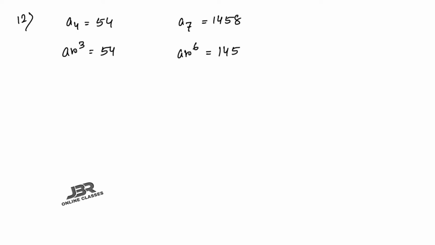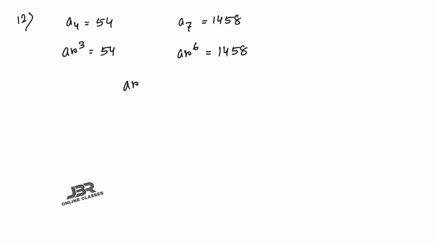Okay, next number 12. In sum number 12, find the geometric series whose fourth term a4 equals 54, and the seventh term a7 equals 1458. As the fourth term equals 54, you can write a r cube equals 54, and a r to the power 6 is 1458.